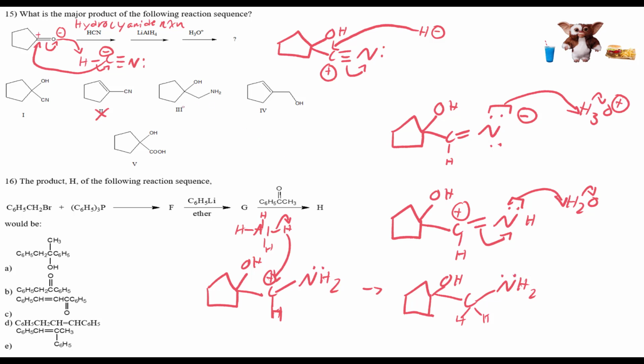So right here, it would be number 3. All I did was first a hydrocyanide or cyanide reaction, which allowed me to have an alcohol and an added cyanide. So this would be reaction 1, okay? So that's what I have.